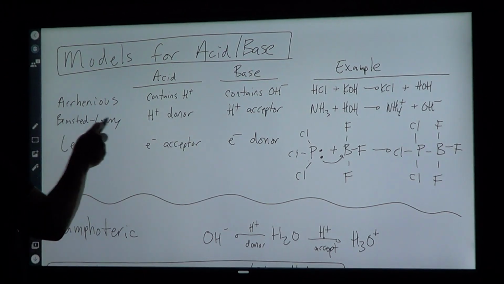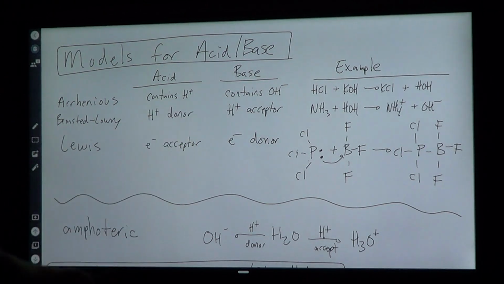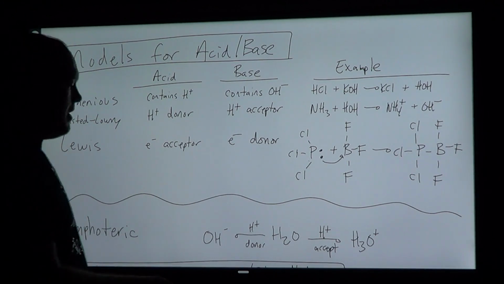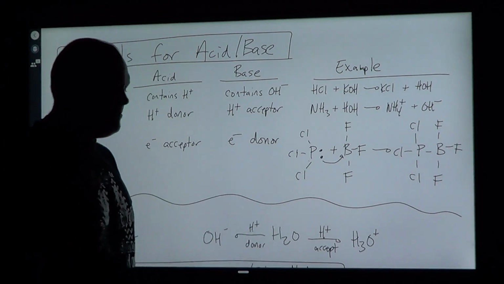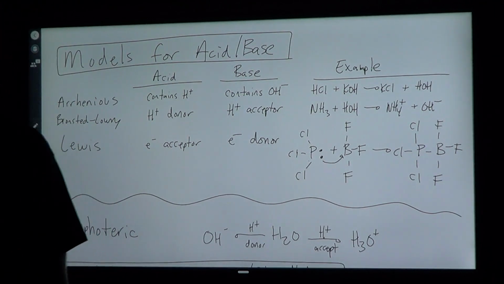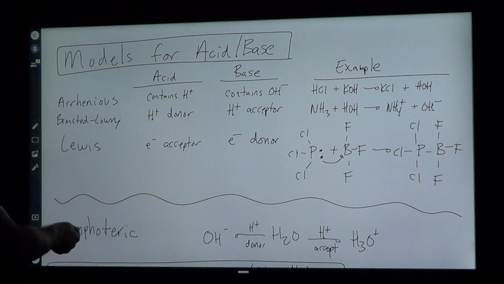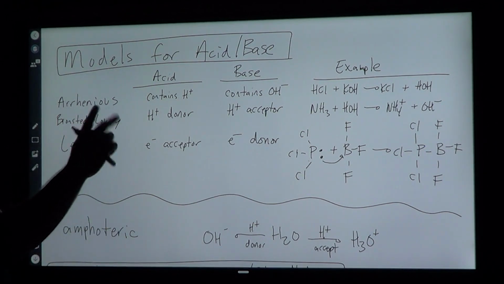Okay? Within the Bronsted-Lowry definition, there's this vocabulary word right here, amphoteric. Water is our poster child for amphoteric. Just like an amphibian can live on land and water, the amp in front of it tells you that it can do both.